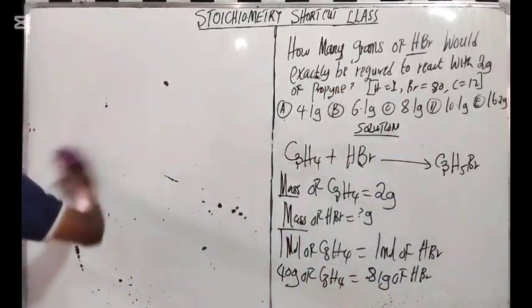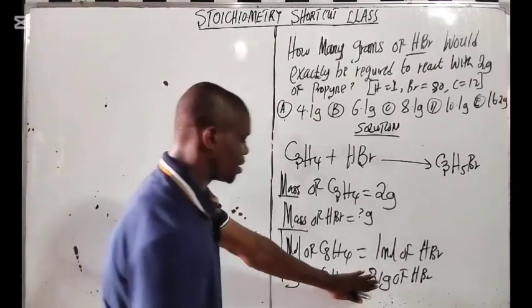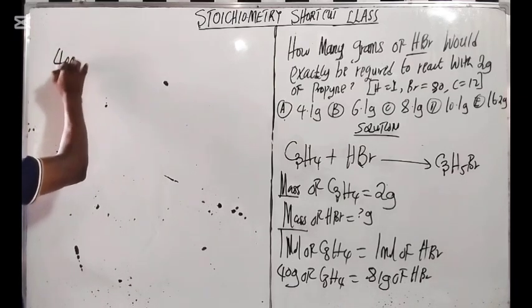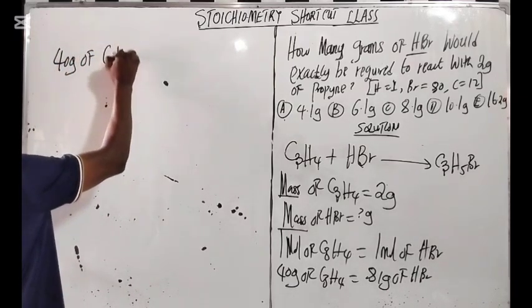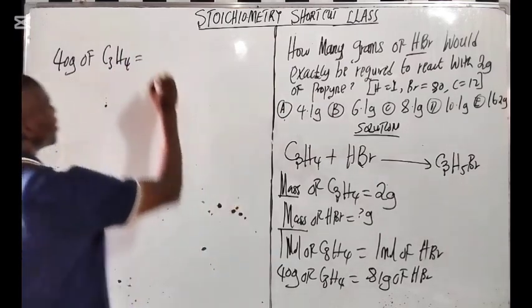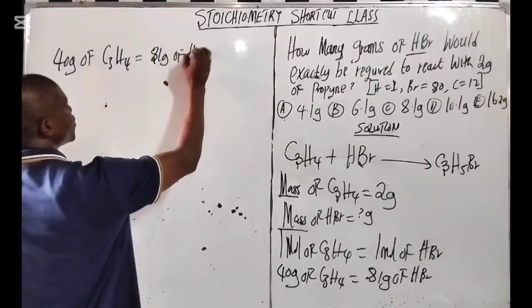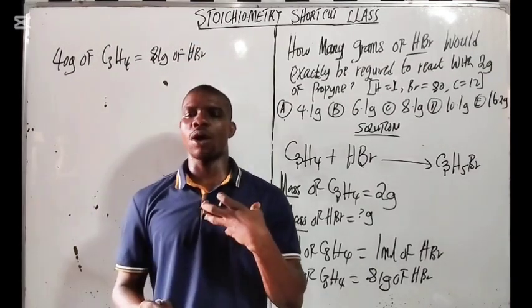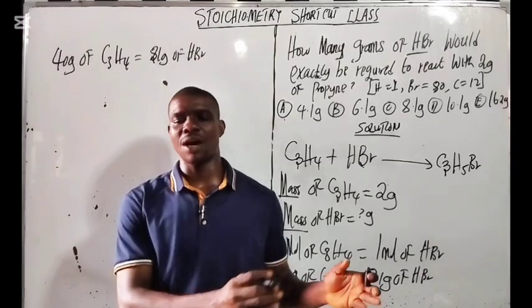If you check it very well, let me write the balanced mass here, the way they are related in mass. So 40 gram of C3H4 is equal to 81 gram of HBr, right? Now I know some of you will say, in the exam, how will I solve all these things in under 1 minute?